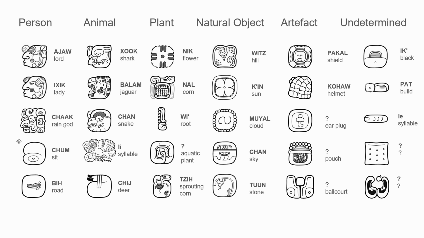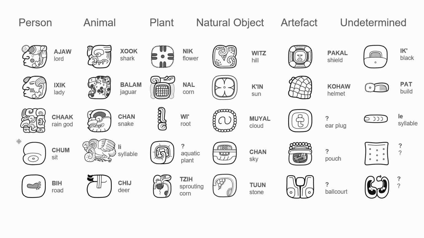This is a snake. This is used for the syllable li. It's a bird eating a worm, and in epigraphy we say worm bird. It's essentially li. And this is a deer, a captured deer. And here we have a flower, this corn, as you recognize. This is the word for root, the root from a tree.